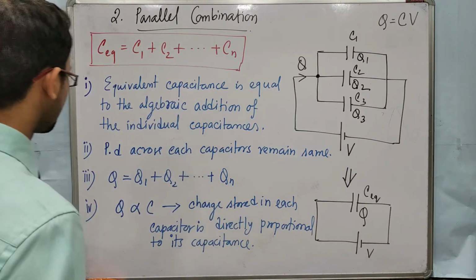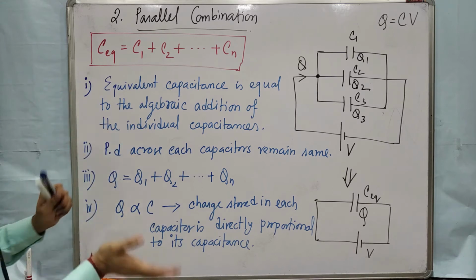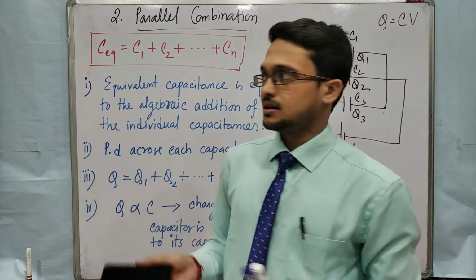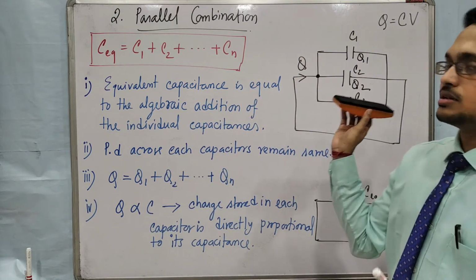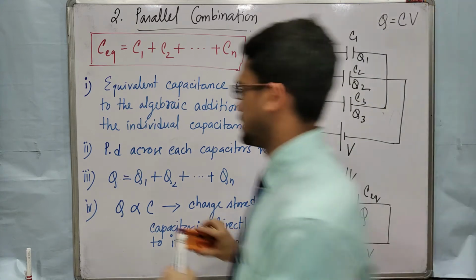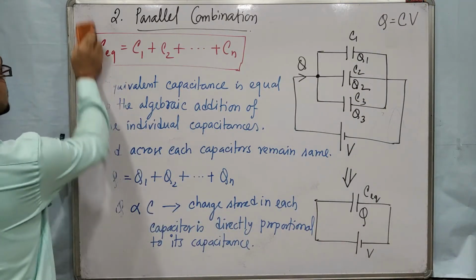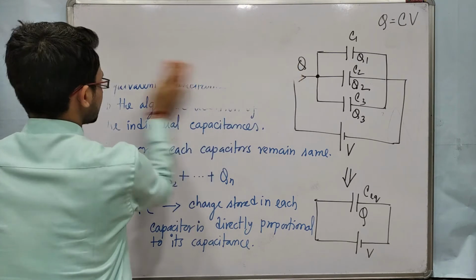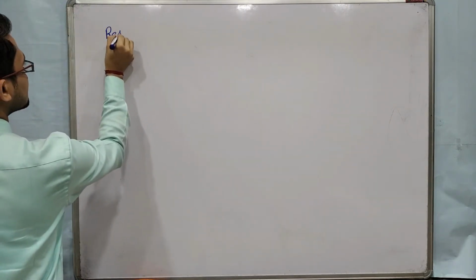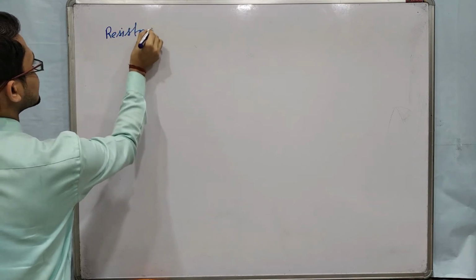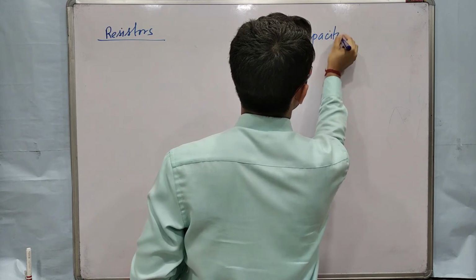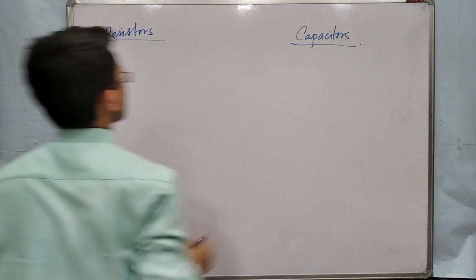Okay, clear. Now I am writing series and parallel together, and then I will tell about the series and parallel combination with resistors. What happens in the resistors case and what happens in the capacitors case. Resistors here, capacitors here. If you remember one, you can find the other.